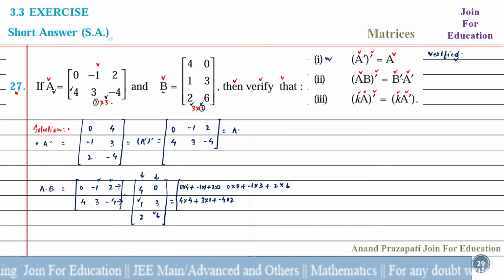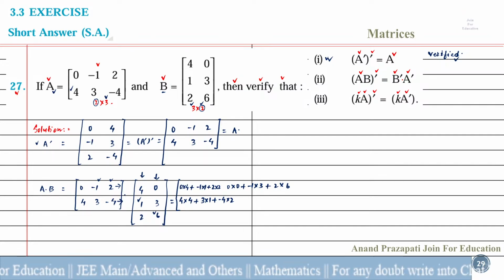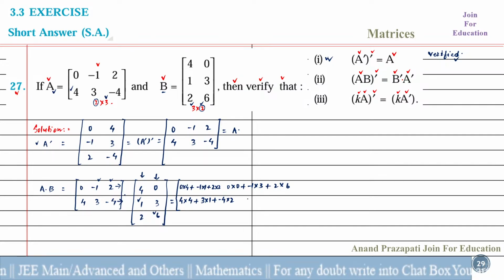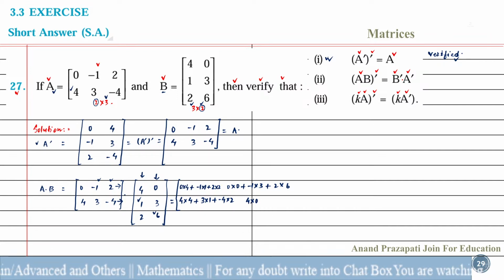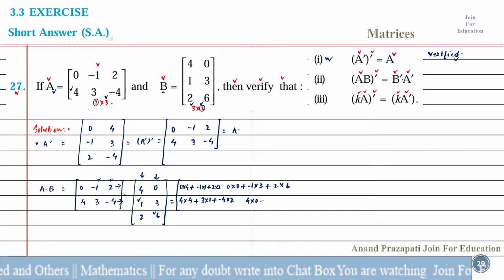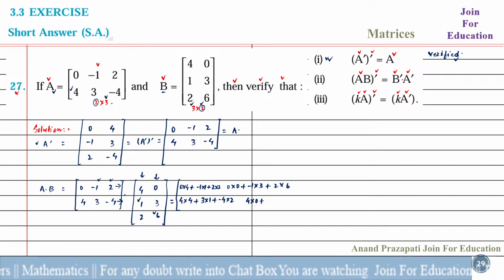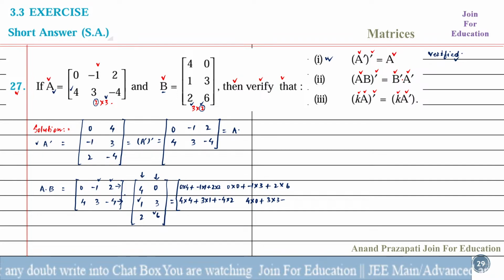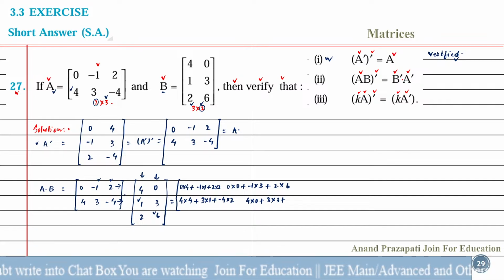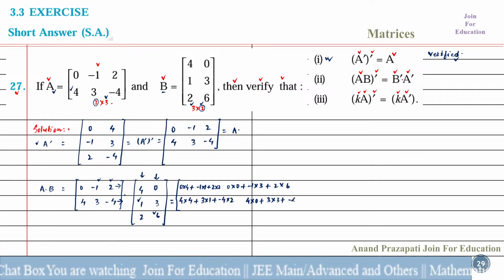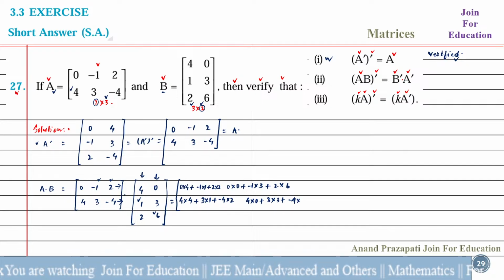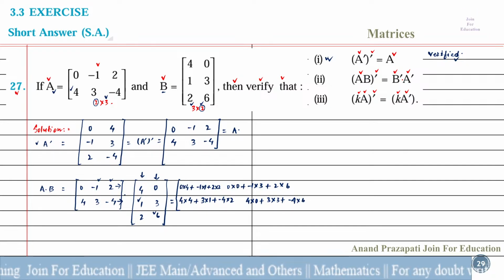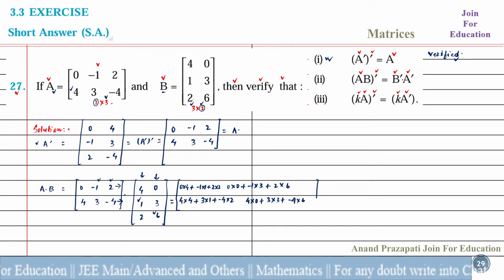For the second element here it will be 4 into 0 plus 3 into 3 plus minus 4 into 6. There is no problem to understand up to this step.